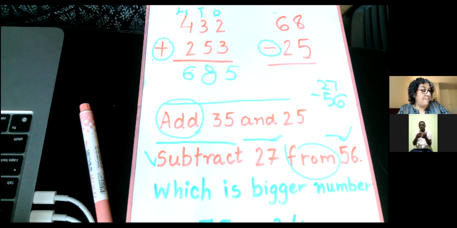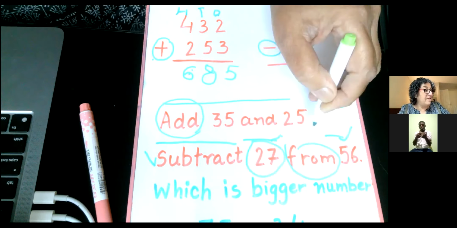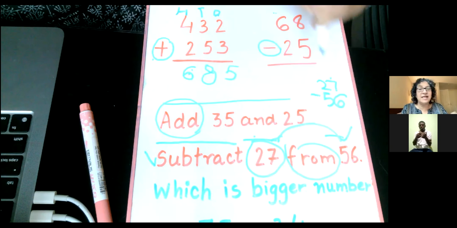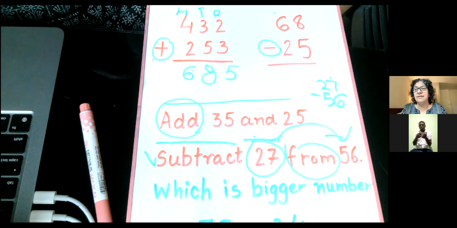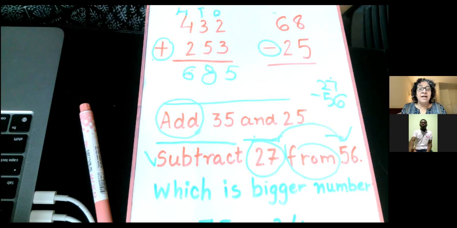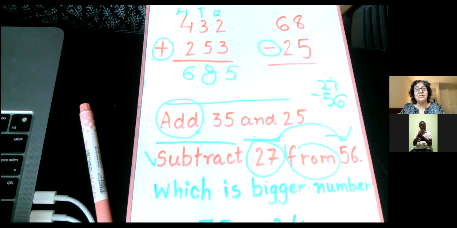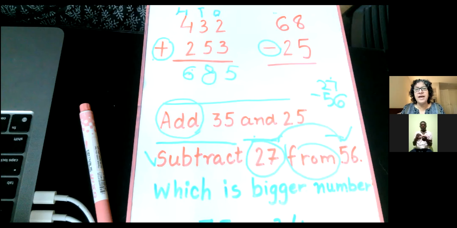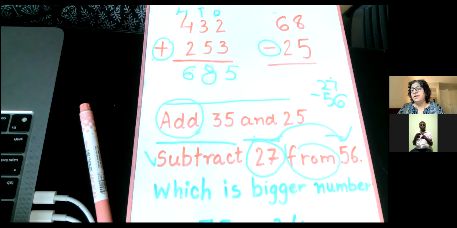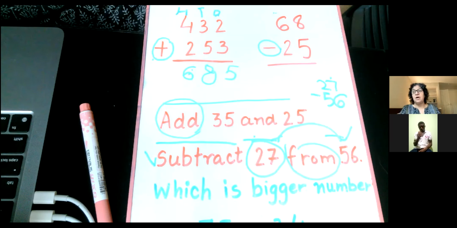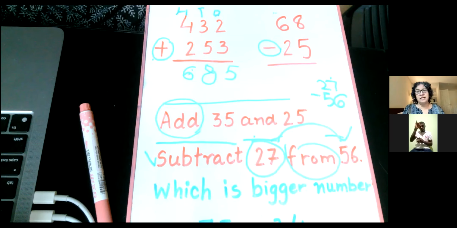Because this number comes before 56, they will write 27 on the top and 56 underneath. And they don't understand the difference between the larger number or the smaller number. Why? Because the pre-number concept, the pre-math concept, or the math readiness skills are not there.